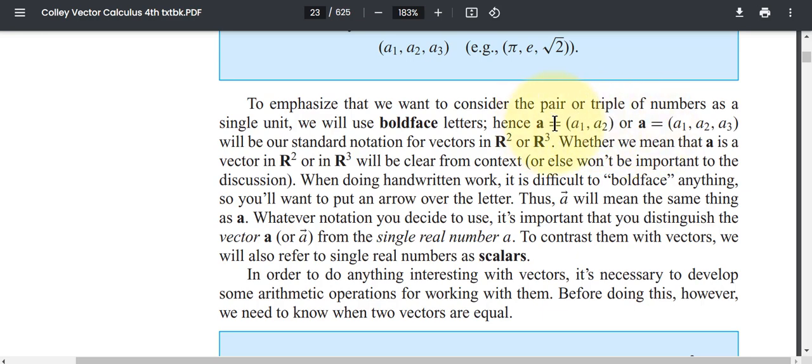This vector could be called bold A. They say sometimes they'll use an arrow, and that's much more typical when you're writing on a board than when you're typing it in a textbook. So vectors are bold, and if we're just talking about a number, which is also called a scalar here, then we don't use bold. We just use something like A.